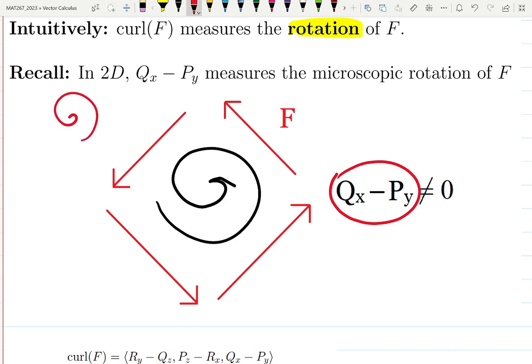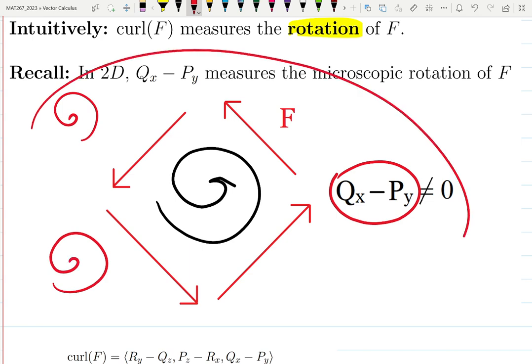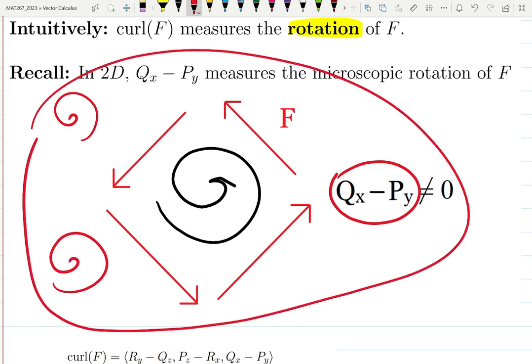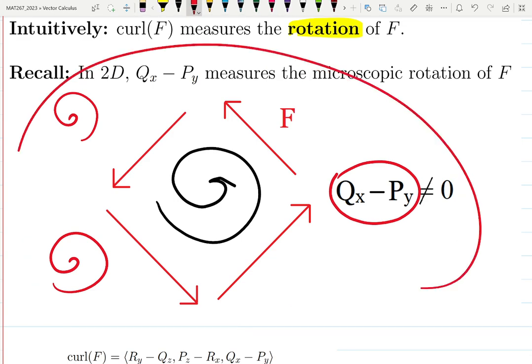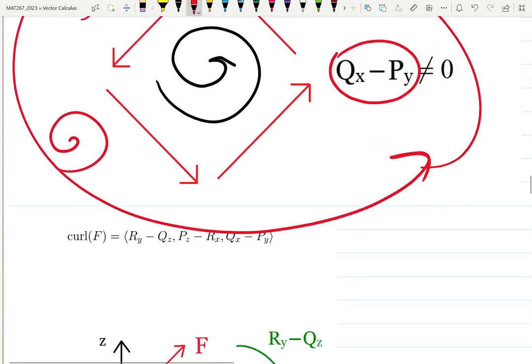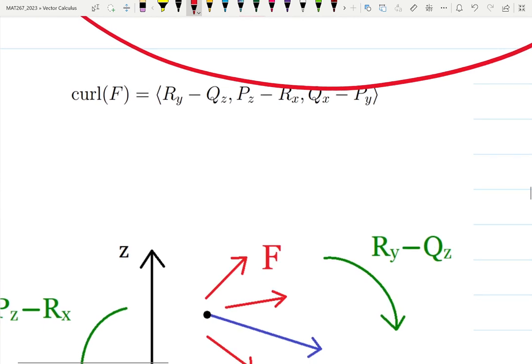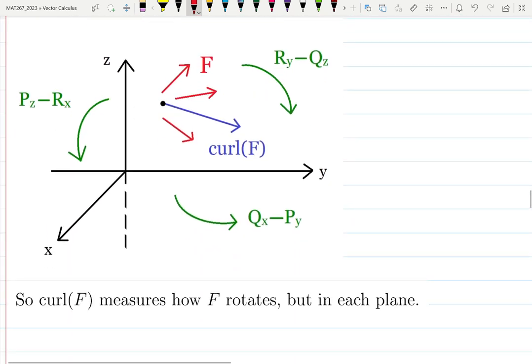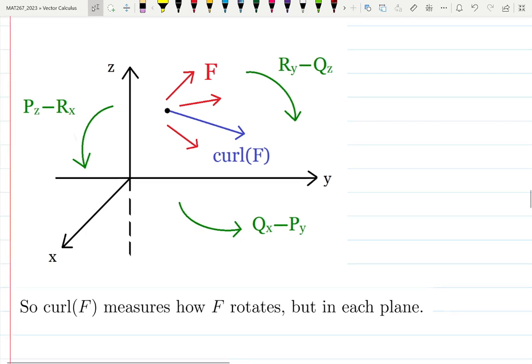And they can be several, and then the whole line integral over the field collects them all and may show you some big rotation. So it may be this way, right? So curl collects them all, and then it has a very cool property. If curl collects all kinds of rotations in upper dimension, then it measures how F rotates in each plane.